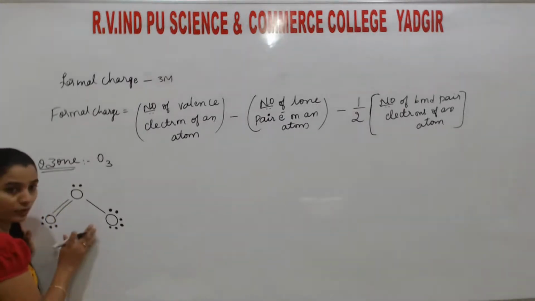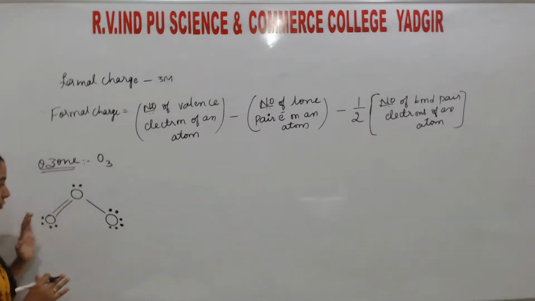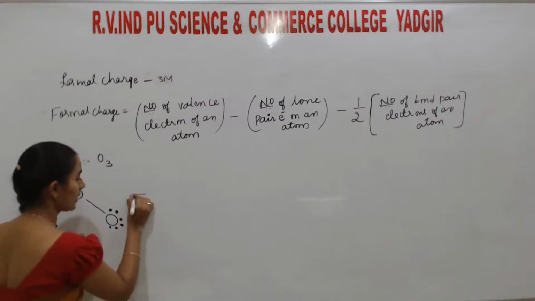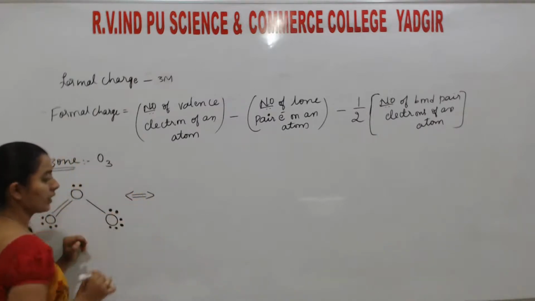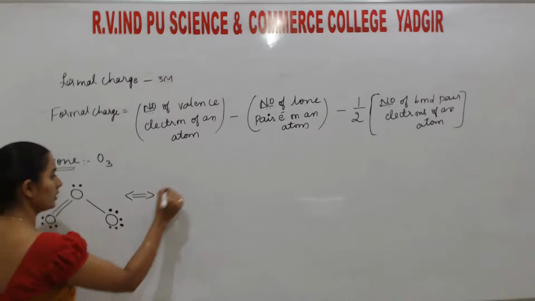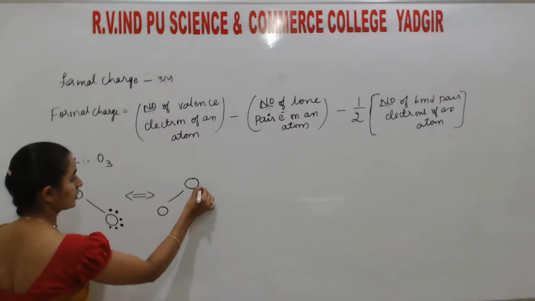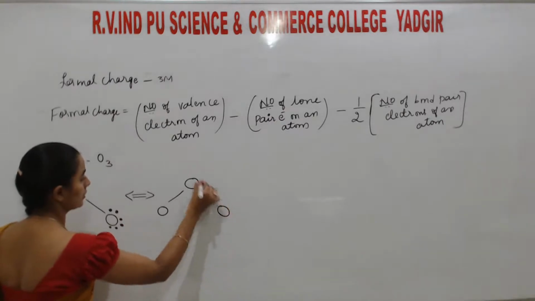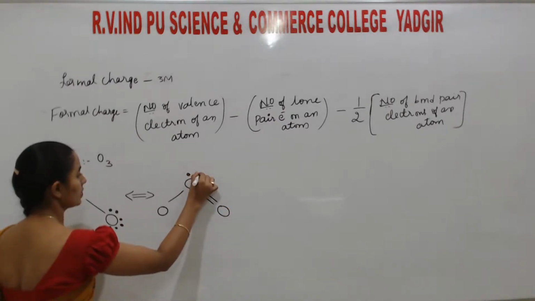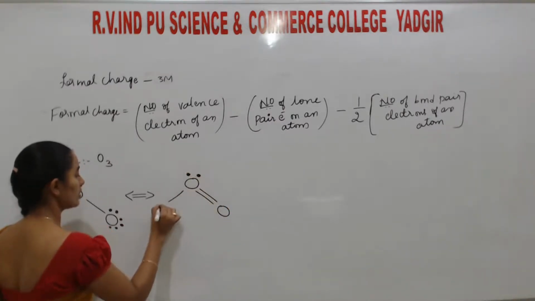So this is all about the structure of ozone. This can also be written like this. These are called resonance structures.